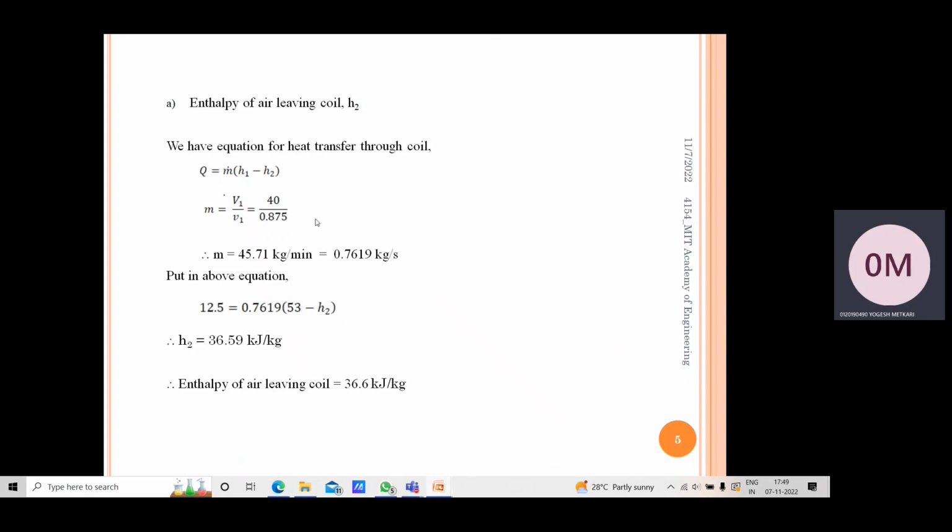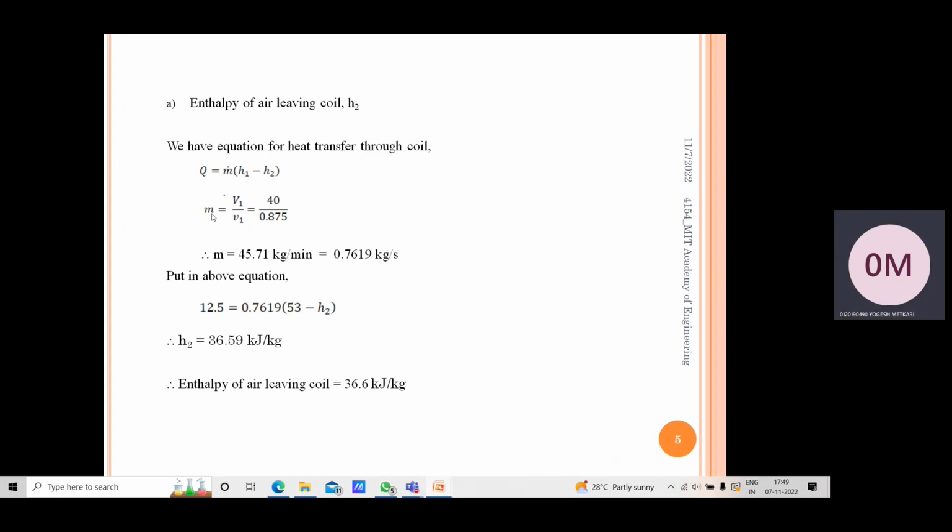After getting the values of enthalpy, we have one formula, which is the heat transfer through the coil. Q is equal to m cp delta T. m cp delta T is nothing but enthalpy. So here we have Q equals mass flow rate into enthalpy change. H1 is the enthalpy at the outer condition of air, and H2 is the enthalpy of air after leaving the coil.